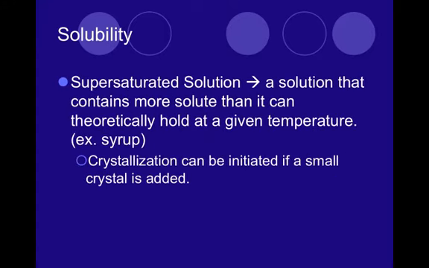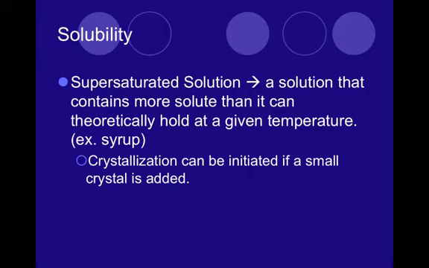And then the third type of solution is something called a supersaturated solution. This is a solution that contains more solute than it can theoretically hold at a given temperature. When you are making sweet tea, don't you usually put your sugar in your warm tea because it makes it easier to dissolve sugar into it?